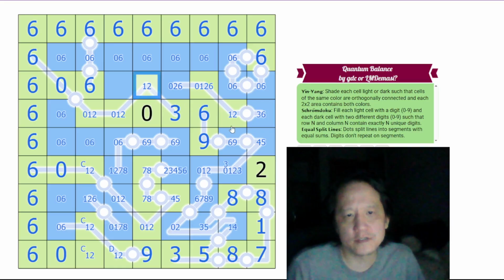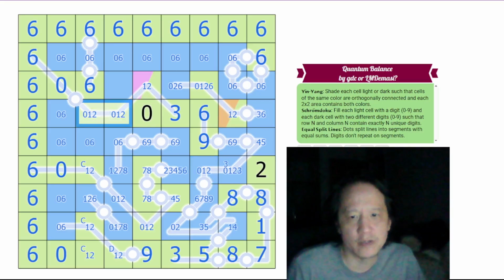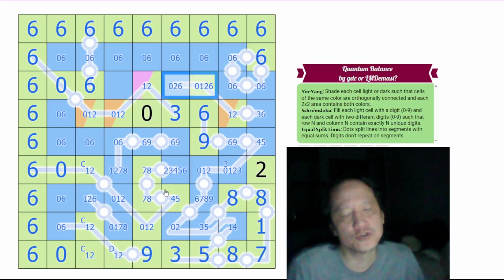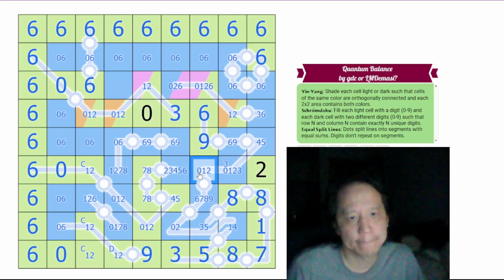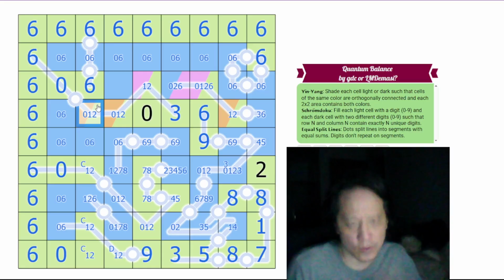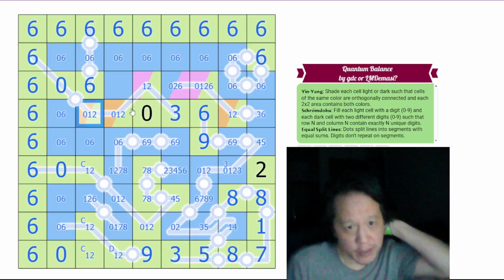So we'll make this pink and this one orange. So one of these must be orange. Pink has to be one of those two, but we don't know which. If this is orange, that would mean this is 0.